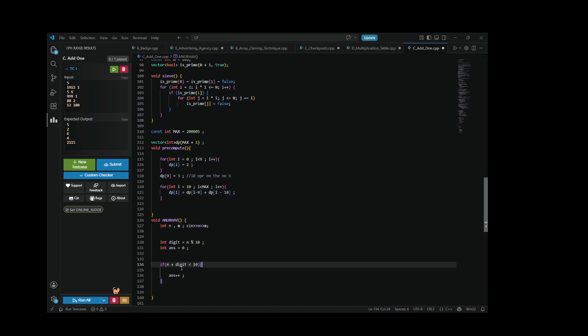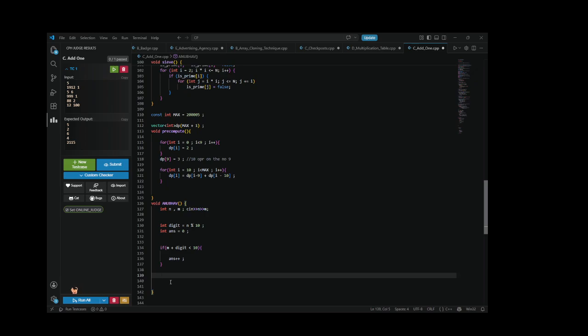Means when we increase the digit by applying m operations, still if the digit is less than 10, then we'll increase the answer by 1 because the length is still 1, right?